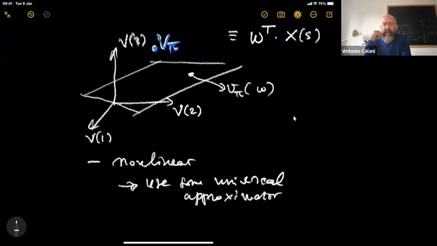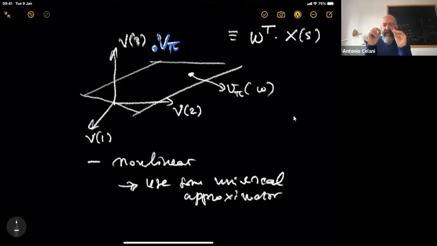It's a class of functions, okay, which are able to describe any possible function within a certain class as close as possible, okay? So you have a certain class of functions which depend on the parameters, and the idea is that you can always choose some parameters in order to get sufficiently close to your target function that you want to describe.